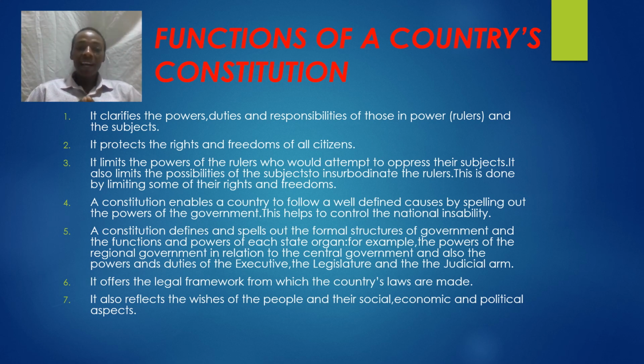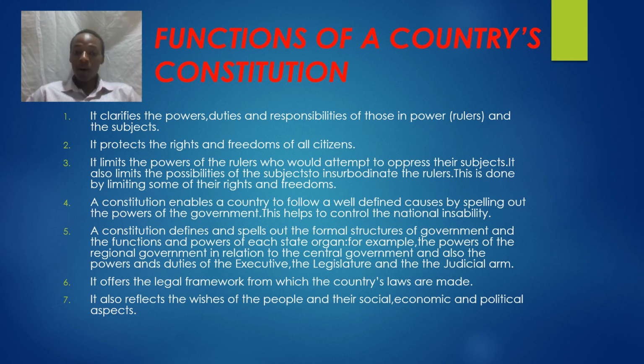Well, another function of a country's constitution is that it enables a country to follow courses by spelling out the powers of the government. This helps to control national instability. Another function is that a constitution defines and spells out the formal structure of government and the functions and powers of each state organ.